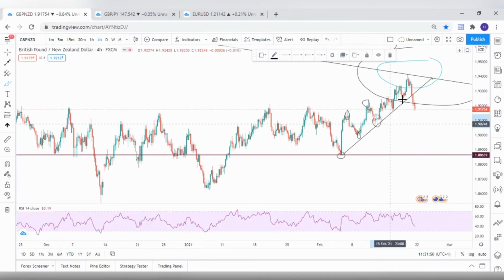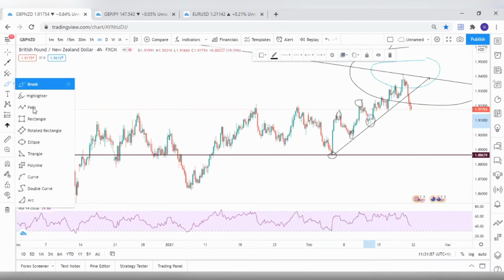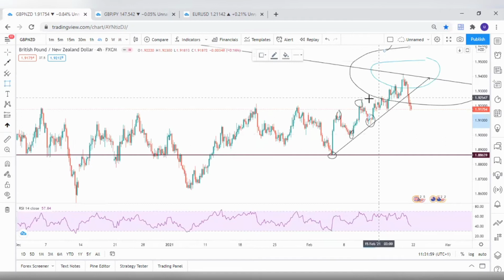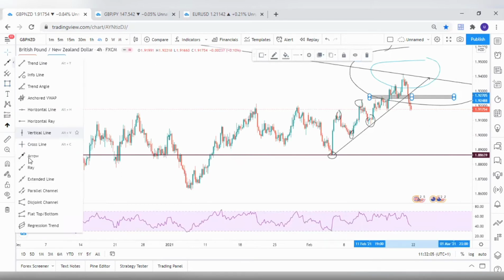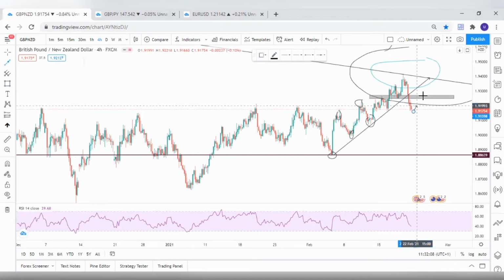So market has just broken this support trend line. So what do we expect? We expect that market retests. As you can see right here, there is a mini zone right here. We expect that the price of gbpnzd pushes back to this zone as a retest, and then continue its way to the downside.